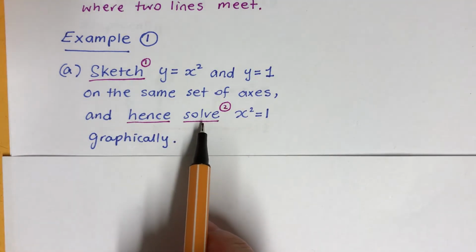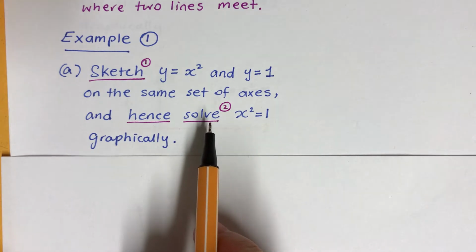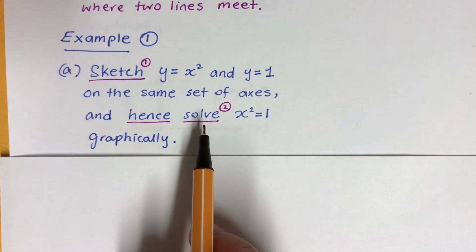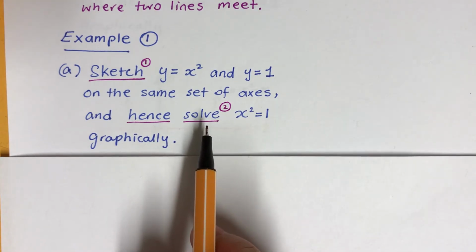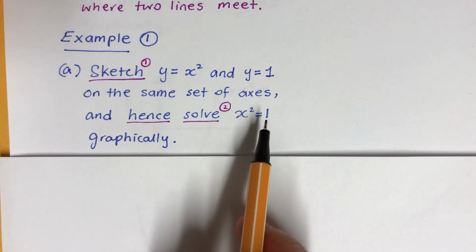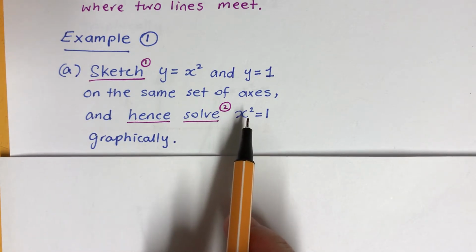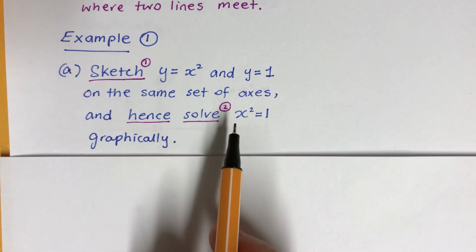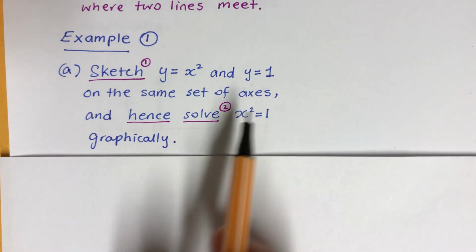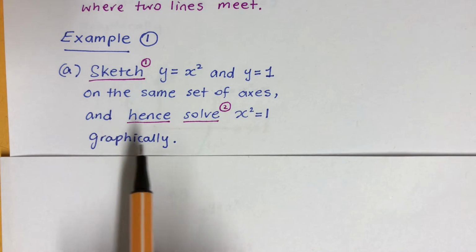Now when it says solve, always think of it as to find the value of something, not expression, value. Okay, and x squared equals 1. So here the value is the x values, and we are quite used to doing it algebraically, but this time we've got to do it graphically.